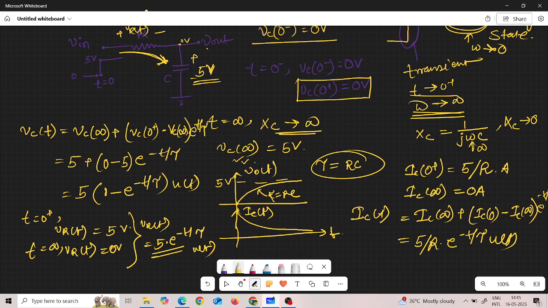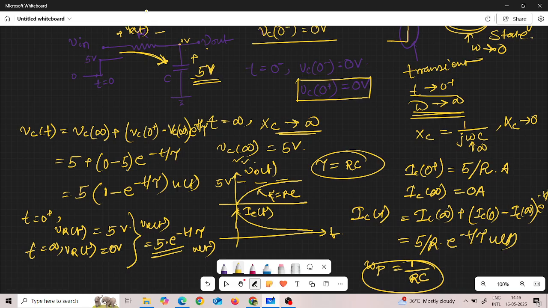Now what is its pole value? The pole is nothing but the reciprocal of the time constant. So in this circuit its value is 1 by RC. Is there any possible value of zero in this circuit? Can you check?